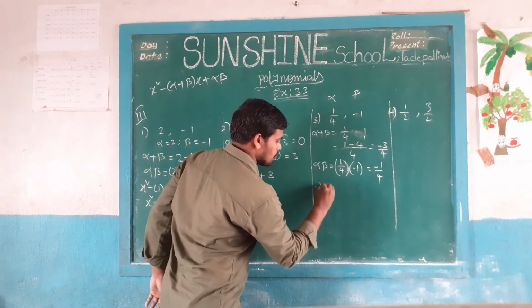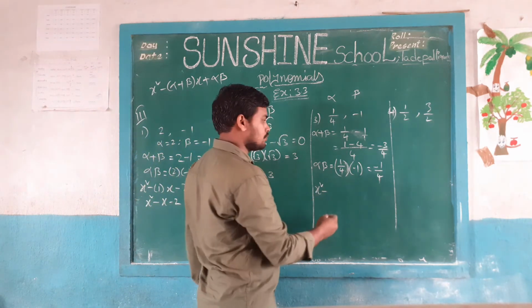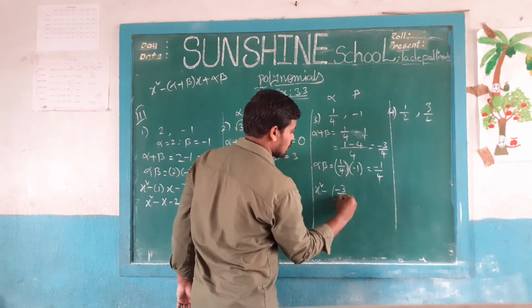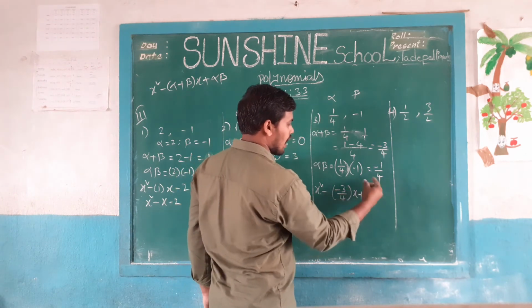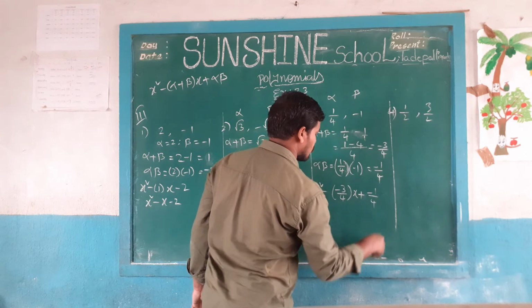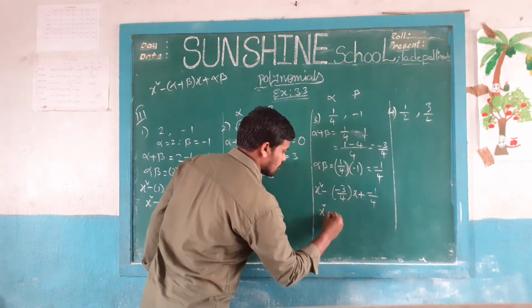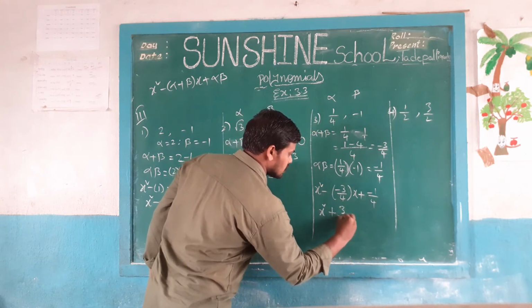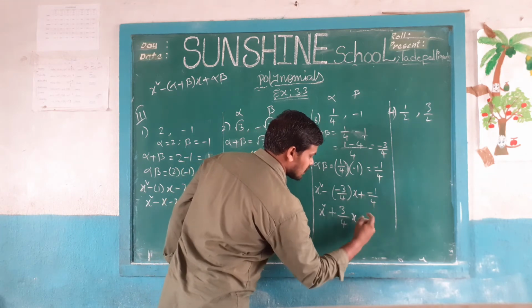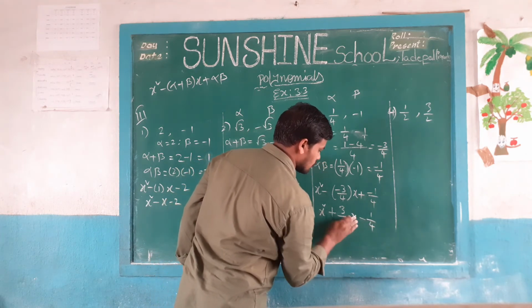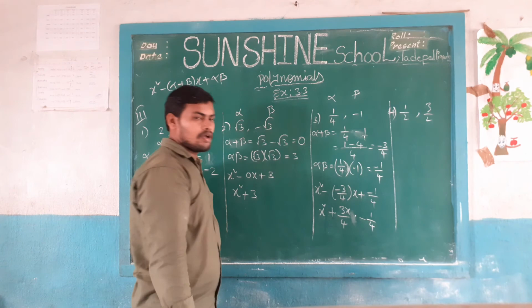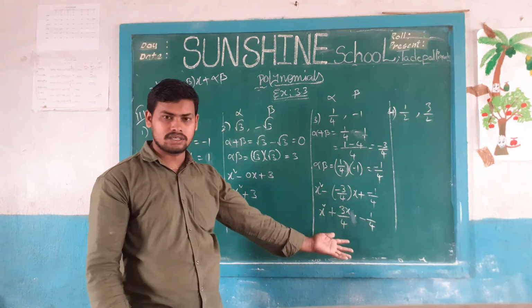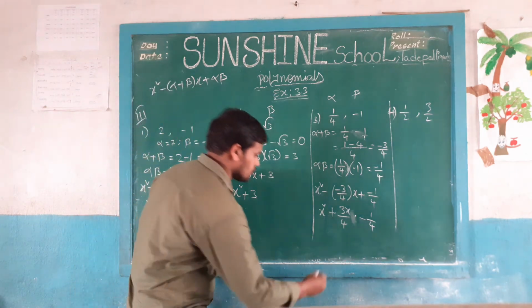X square minus alpha plus beta value minus 3 by 4 x plus alpha beta value 1 by 4. X square plus 3 by 4 x plus 1 by 4. So what is the LCM here? LCM is simply 4.